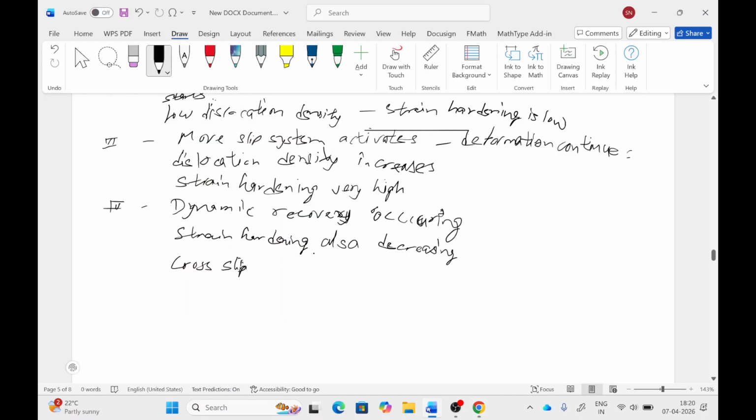Cross slip starts to take place and releases stress due to pileup.